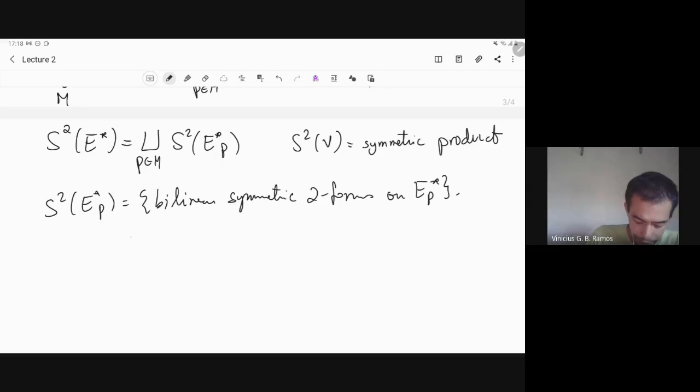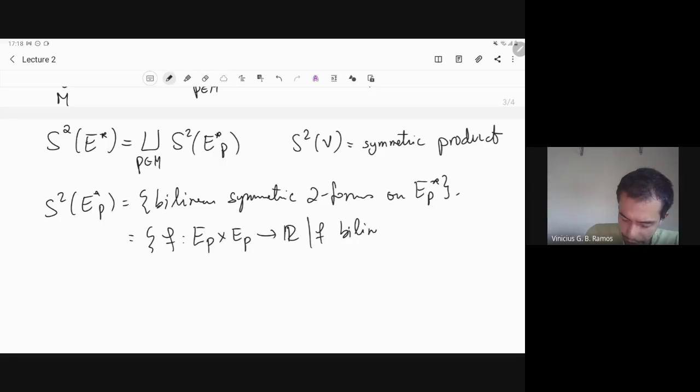Okay, so something here is a map f from E_p times E_p to R, which is bilinear and symmetric. This is what it is.